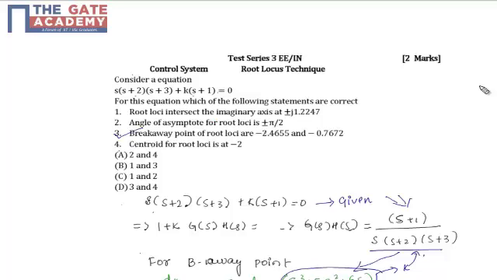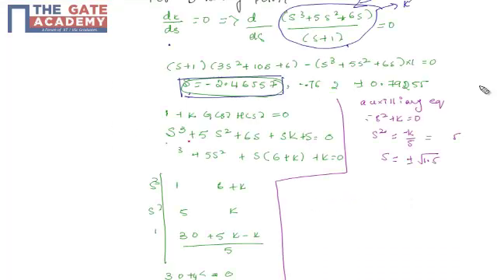and in order to find the k value, we have to take this characteristic equation and use the Routh-Hurwitz criterion to find the value of k. The characteristic equation can be simplified as s cube plus 6s square plus 5s plus k, with s taken common, equal to 0.